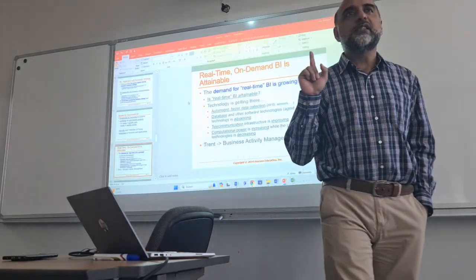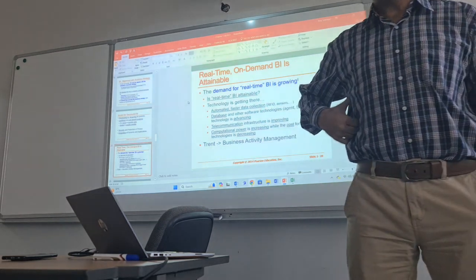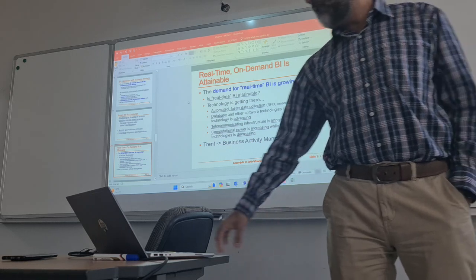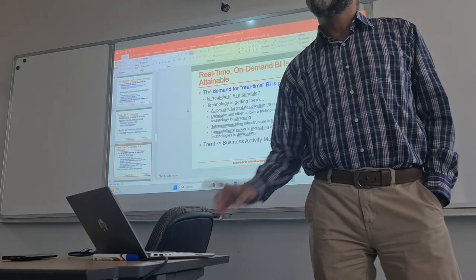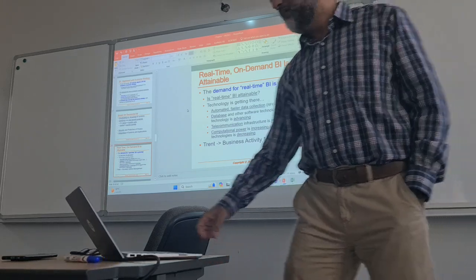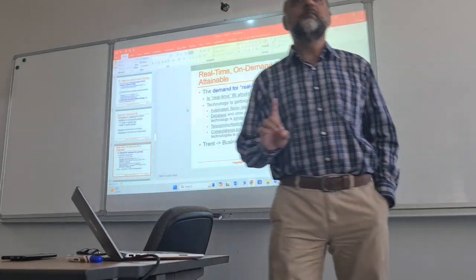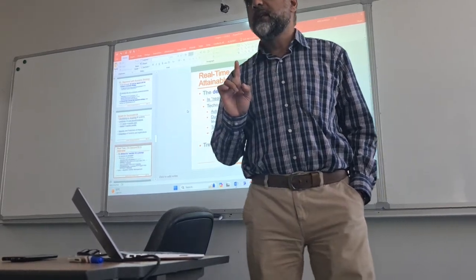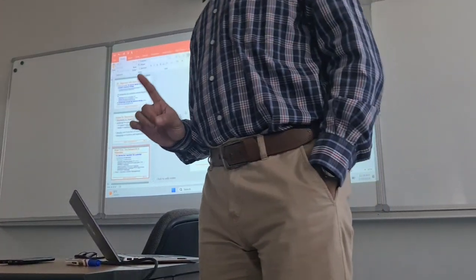Now, I talked about this last time, but I'm going to re-emphasize here. Because companies have been using BI for the last 10-15 years, one of the things they keep asking about within BI is something called real-time BI. Anybody remember from our discussion last time? Google Maps and all those things, right?